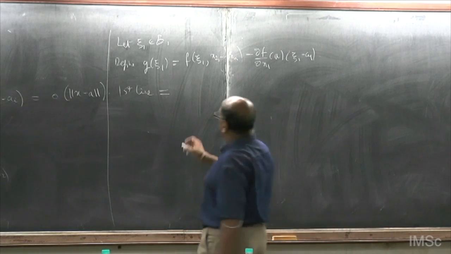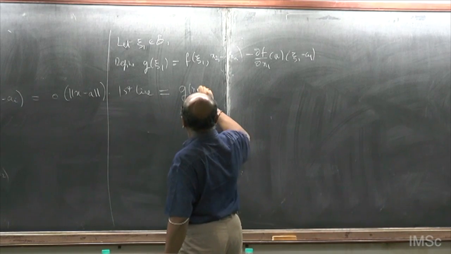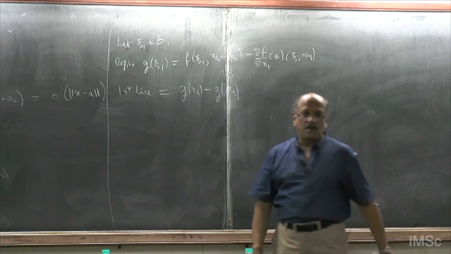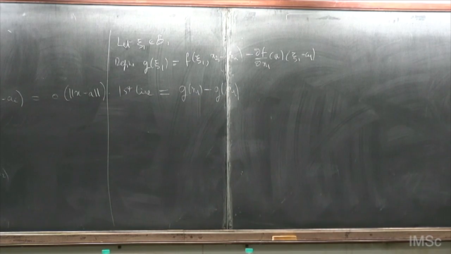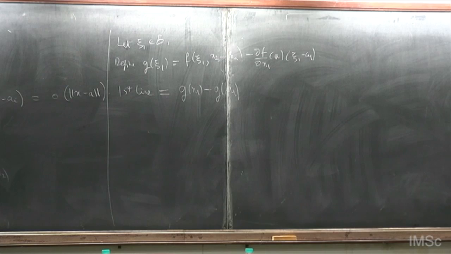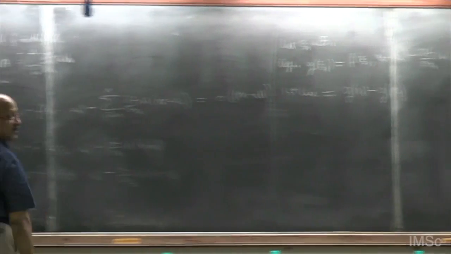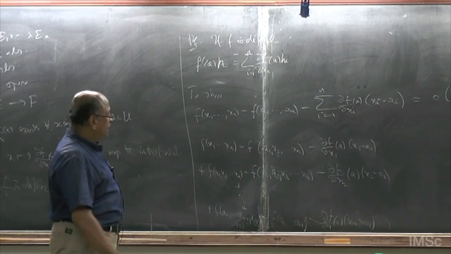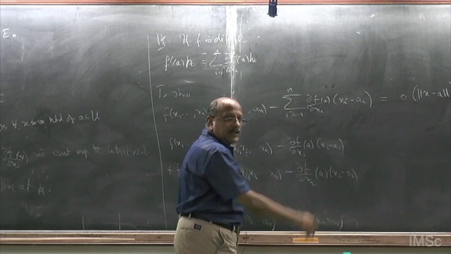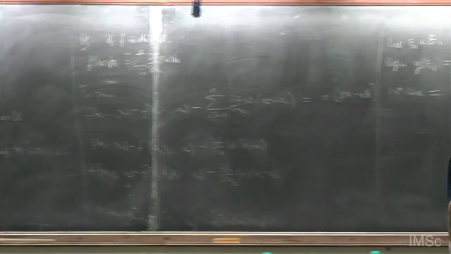The first line is nothing but g of x1 minus g of a1. g of x1 is f of x1 ... xn minus df by dx1 at a times x1 minus a1. f of a1 is g of a1, and this part will give you nothing because a1 minus a1 is 0.